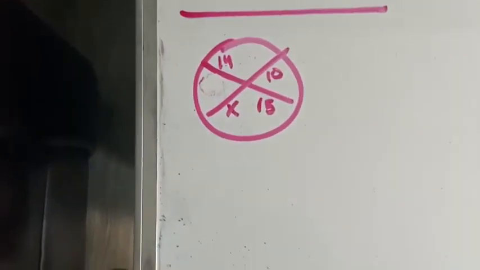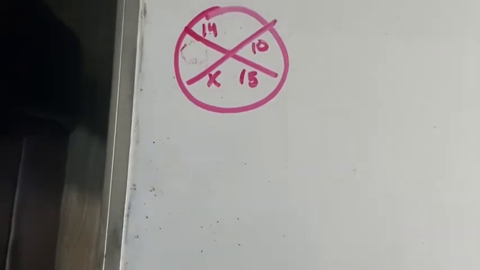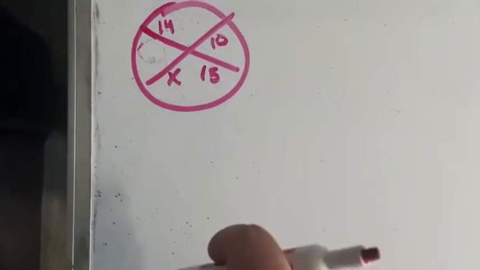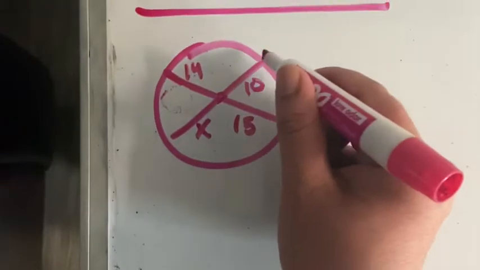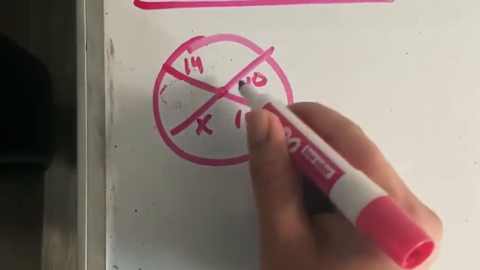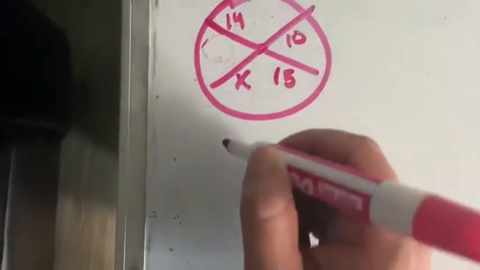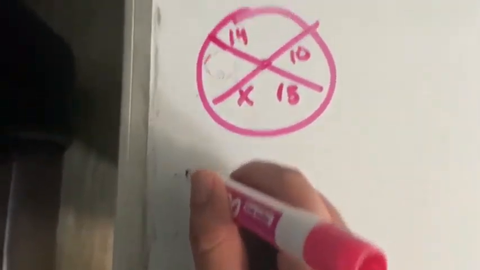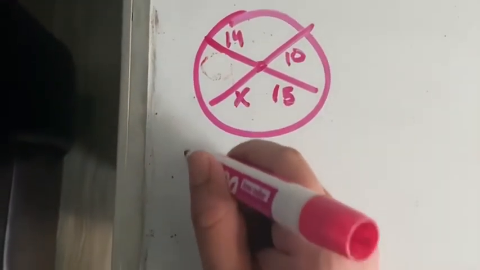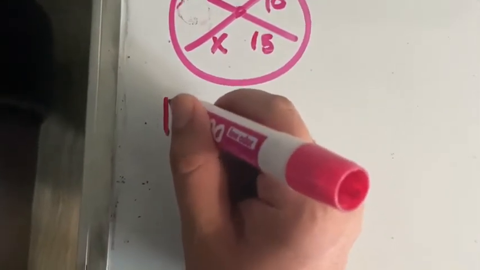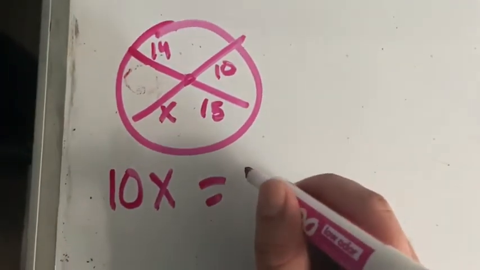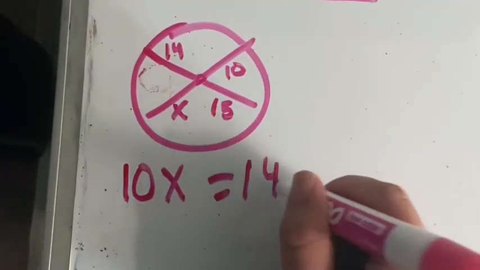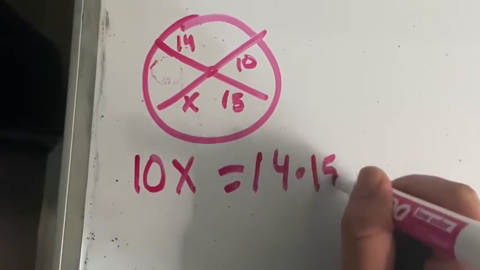The way we're going to tackle this is not that difficult. We're trying to find X, okay? Here is 1 full secant line. And what I'll do is I have 10 and X and 14 and 15. So I'm going to multiply that 10 and that X, and we're going to make that equal to that 14 times that 15.